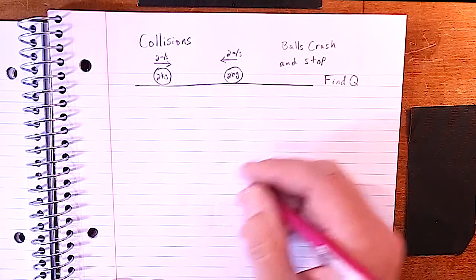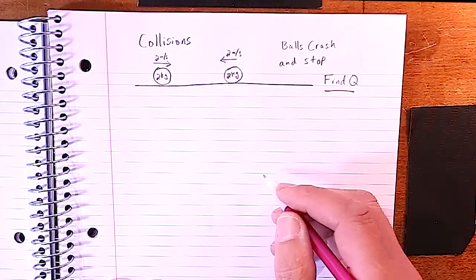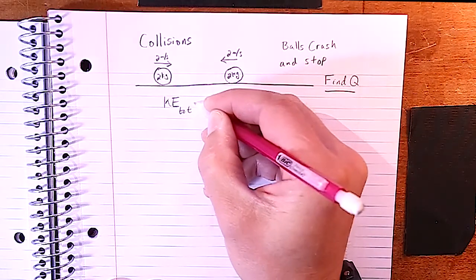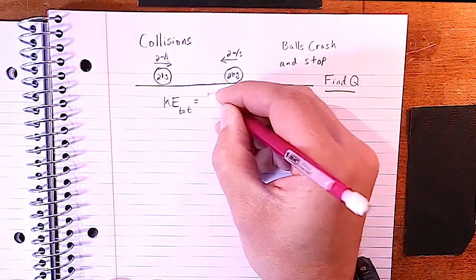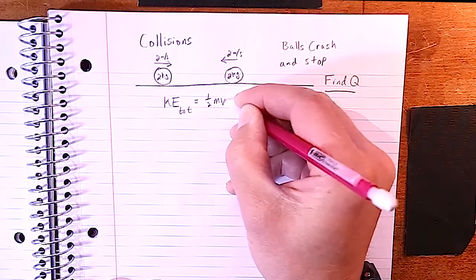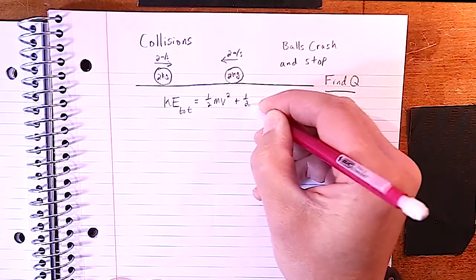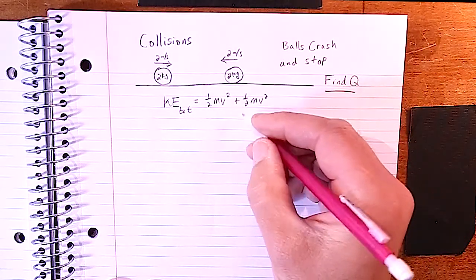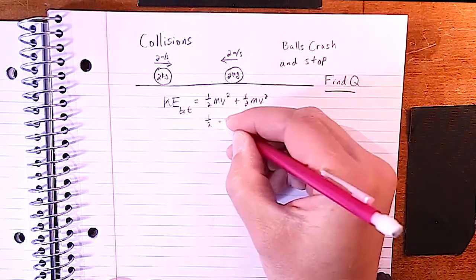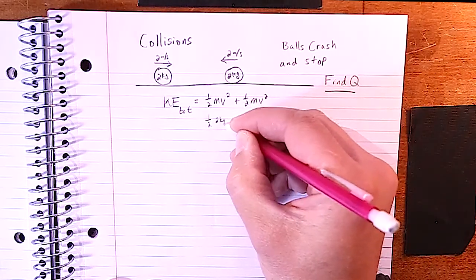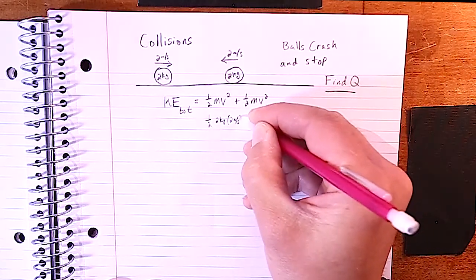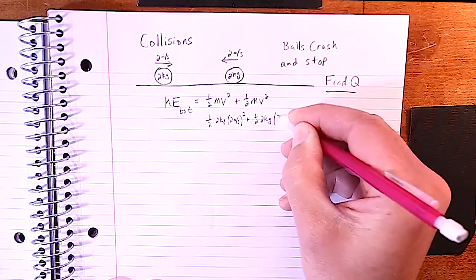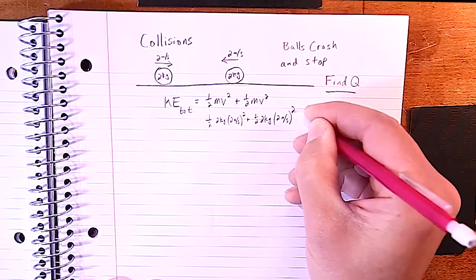So to find Q, to find the heat, what we need to do is find the total kinetic energy. Well, the total kinetic energy is going to be equal to 1/2 m v squared plus 1/2 m v squared. That's going to be the kinetic energy of the two balls. So that's going to be 1/2 of 2 kilograms times 2 meters per second squared plus 1/2 of 2 kilograms times 2 meters per second squared.